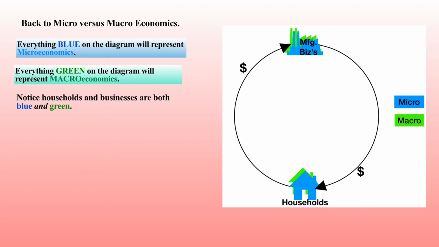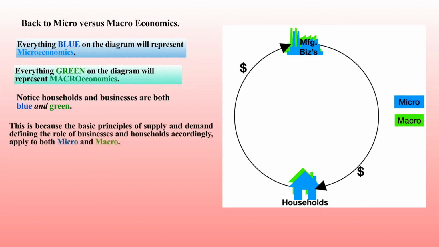Notice households and businesses are both blue and green. This is because the basic principles of supply and demand, defining the role of businesses and households accordingly, apply to both micro and macro. Businesses, manufacturers are the suppliers, households are the consumers or demanders, if you will.